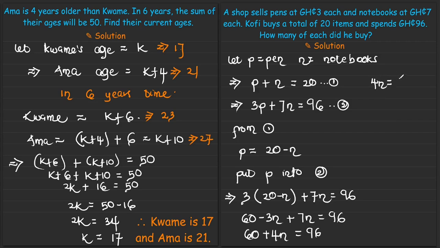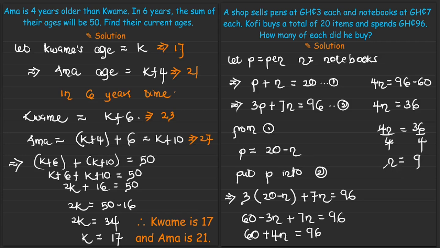So 4N equals 96 minus 60. 60 goes to the other side, which gives us 4N equal to what? 36. So we divide both sides by 4, and this 4 cancels out this 4, and we have N equal to 9.